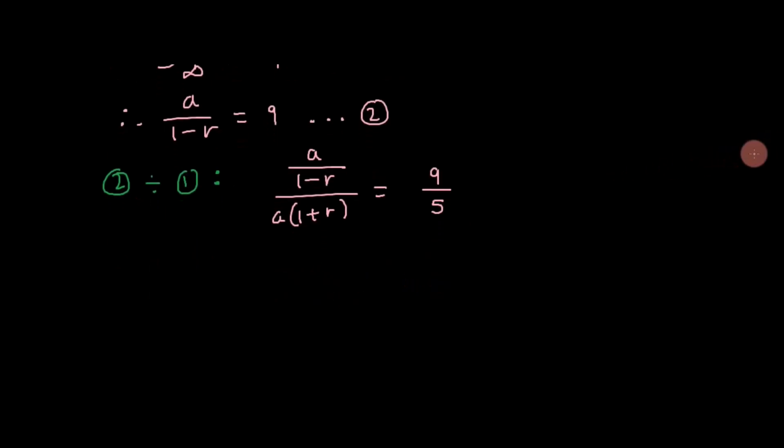We're going to simplify the left-hand side. We're going to take the top fraction and multiply it by the inverse of the bottom fraction. Now, just note that this is over 1. So we're going to multiply by 1 over A into 1 plus R.